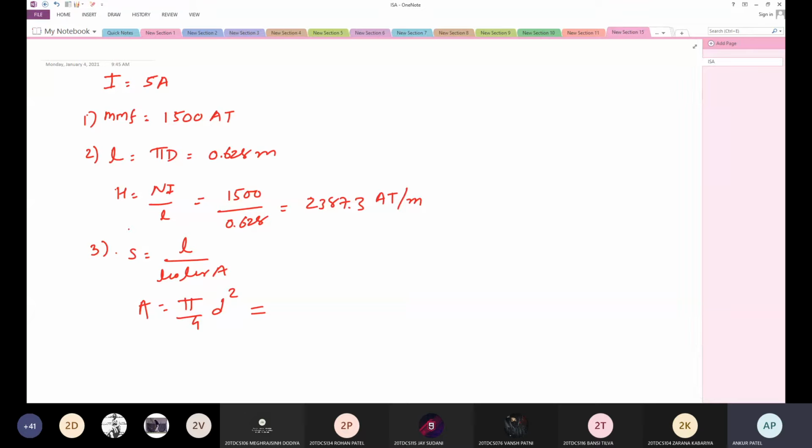So pi by 4, and this d is given. Convert into meter. 20 centimeter is given, so we can write 2 into 10 raised to minus 2 meter. So tell me the area.